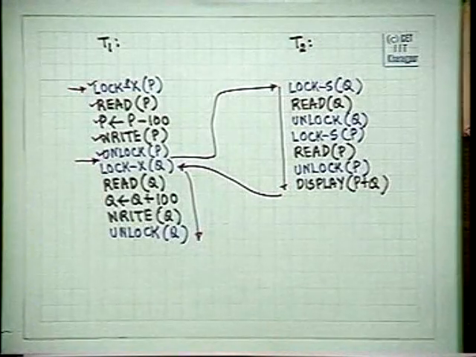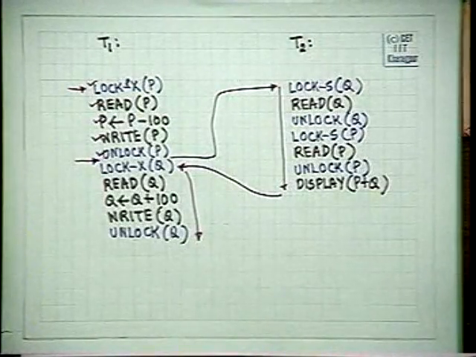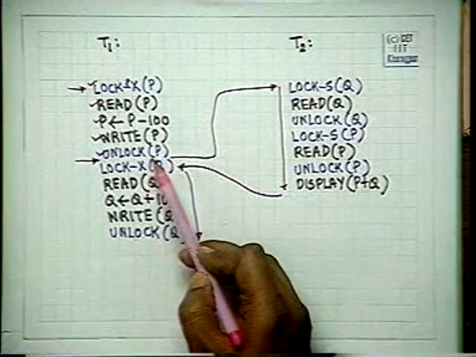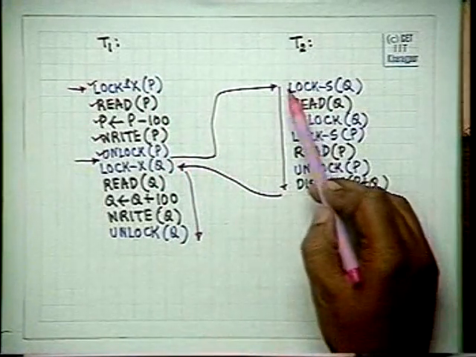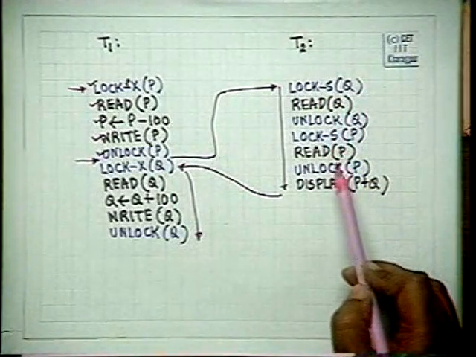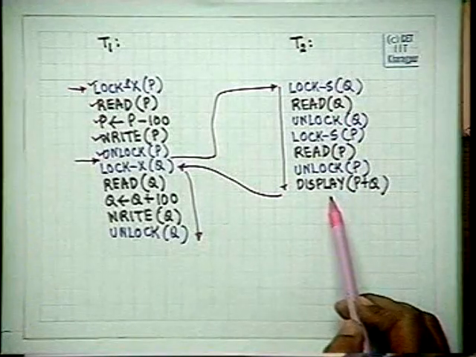This will be allowed by the locking protocol, because he locks P, unlocks P, and time slot is over. Then he locks Q, reads Q, unlocks Q, locks P, reads P, unlocks P, and displays P plus Q.